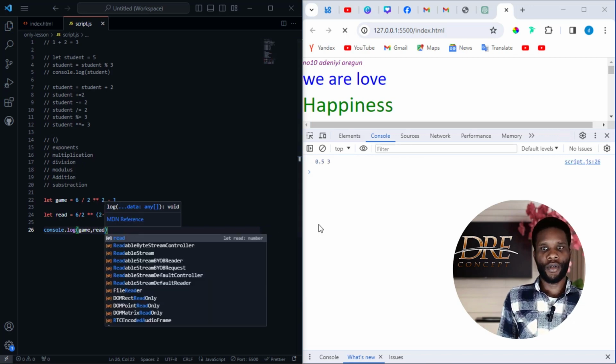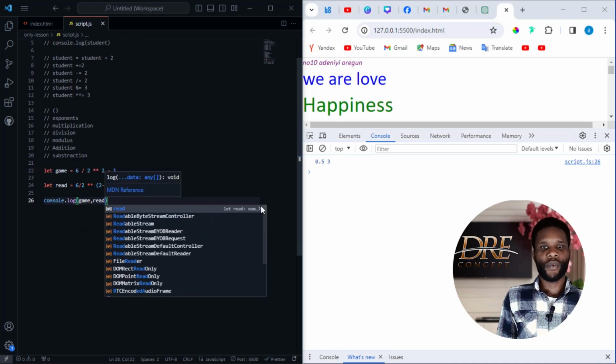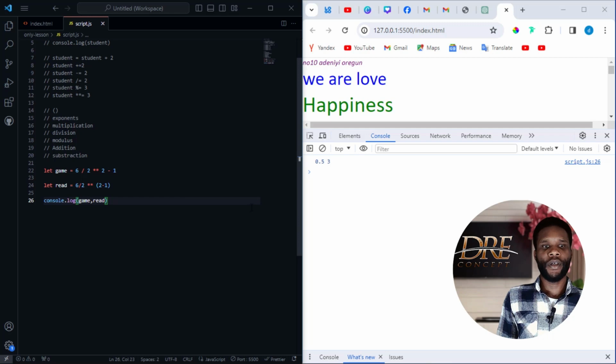Yeah, you see, game is giving us 0.5 and read is giving us the value of 3.